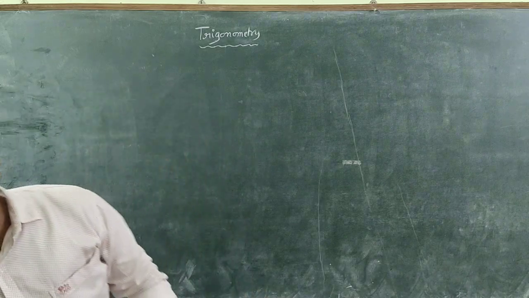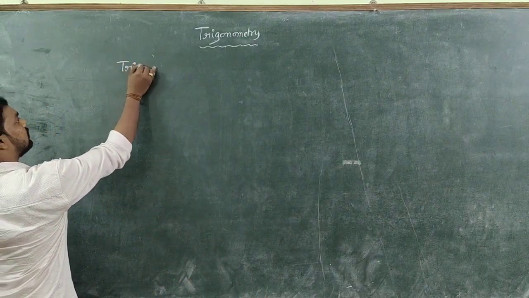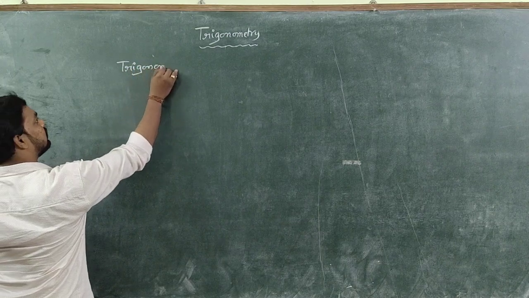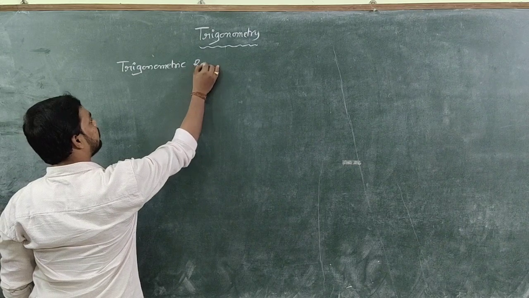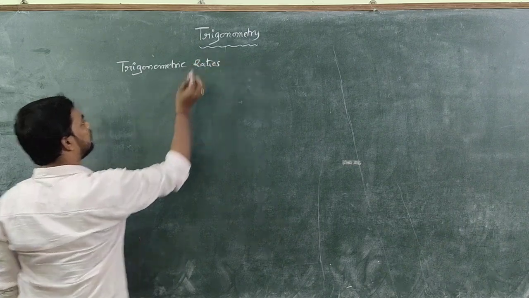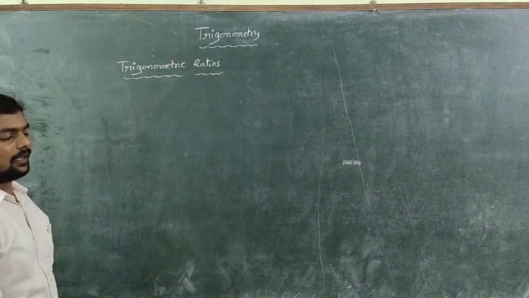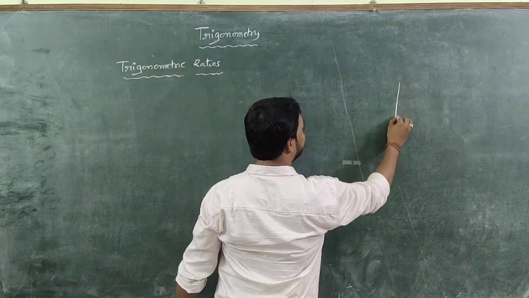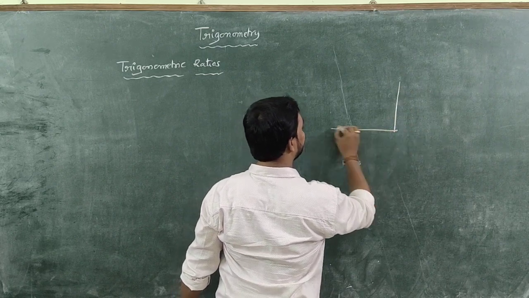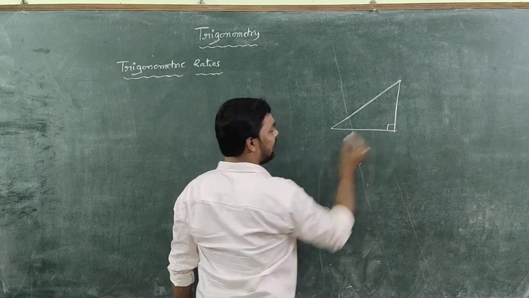Next topic is trigonometric ratios. Consider a right angled triangle. This is a right angle.